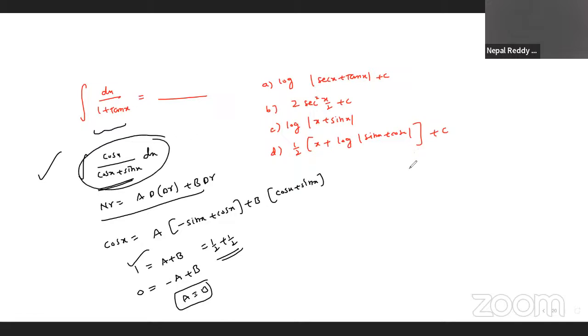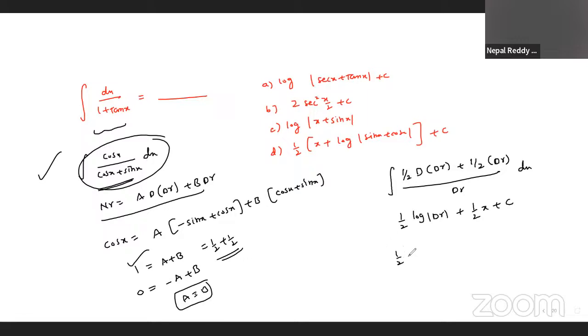And for which the working rule, integral, numerator written as a into 1 by 2 into differentiation of denominator plus b, that is half, into denominator, whole divided by denominator dx. So here f dash x by f of x is the first term. Therefore, f dash x by f of x integrates to log modulus denominator part. Next, denominator gets cancelled, of x plus c.